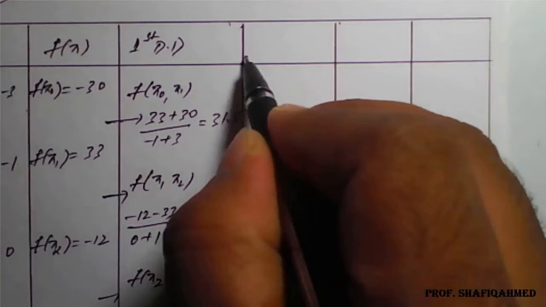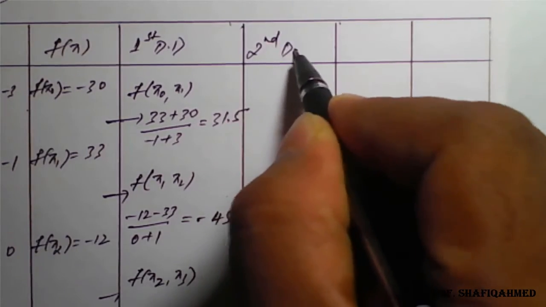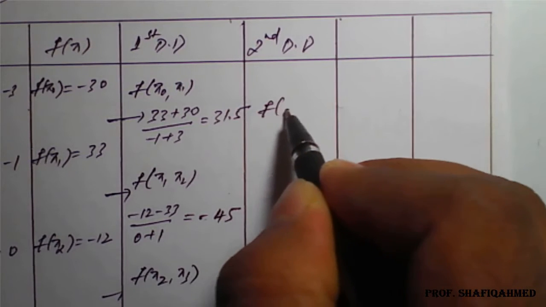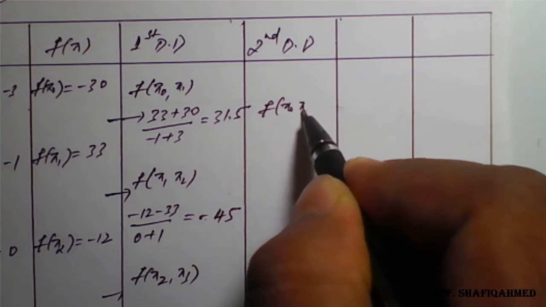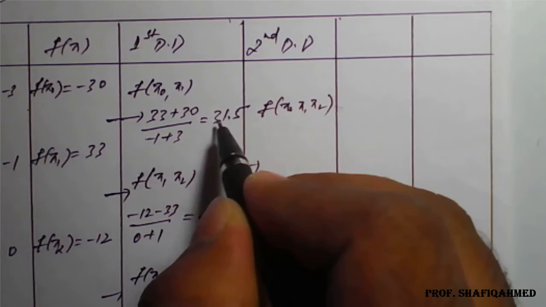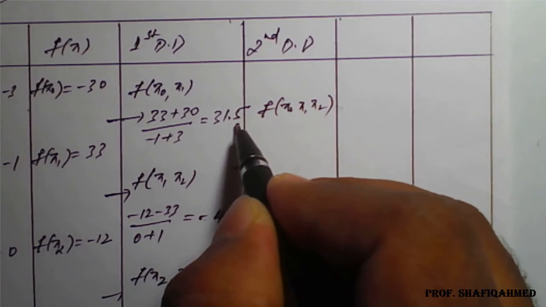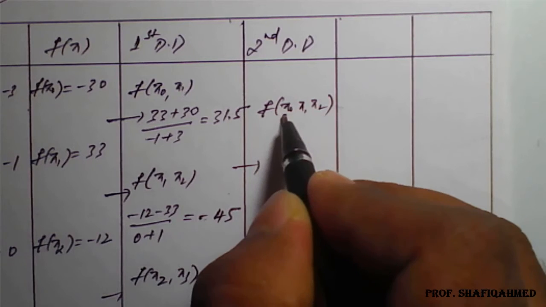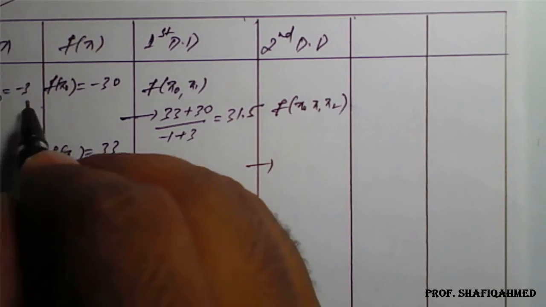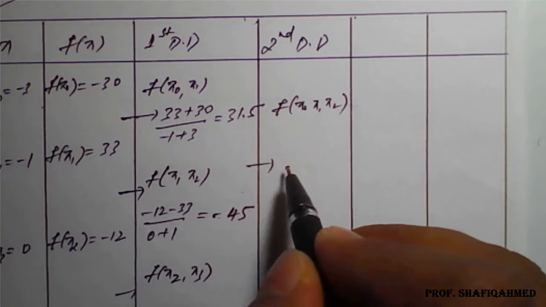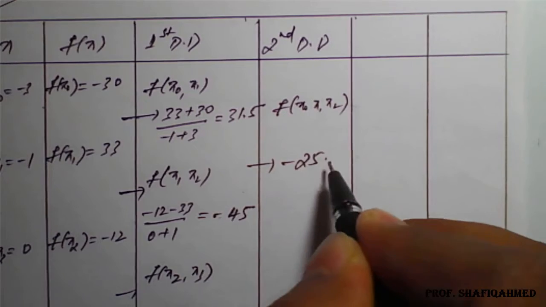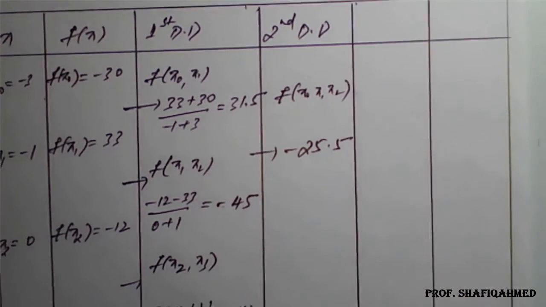Next I will write the second difference. So -45, this is the answer of f of x0, x1, x2. So -45 minus 31.5 divided by x2 minus x0, that is 0 minus of -3 is plus 3. Here I am directly writing the calculation, that is -25.5.